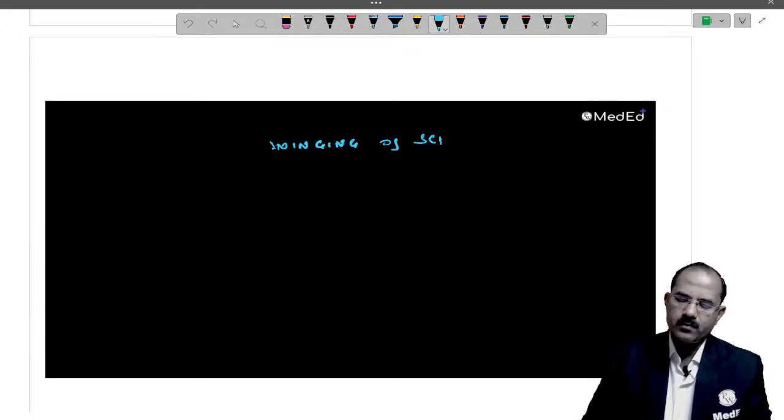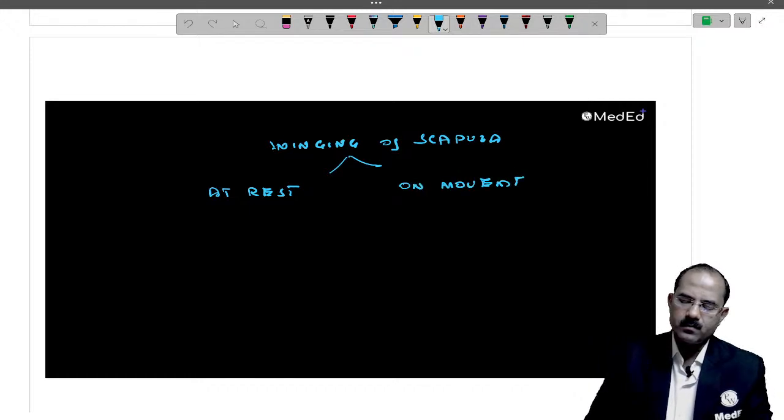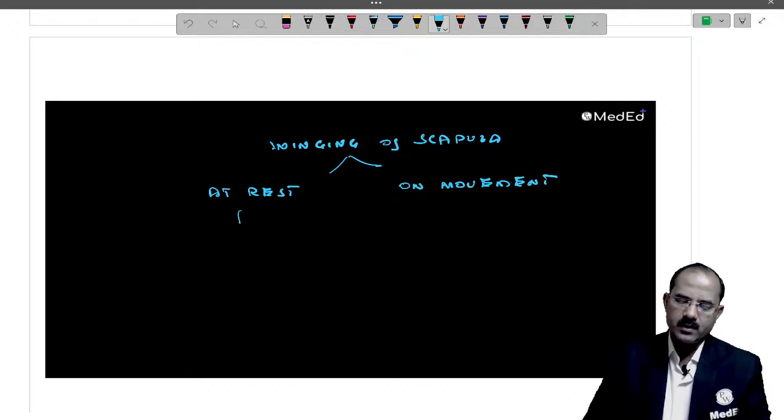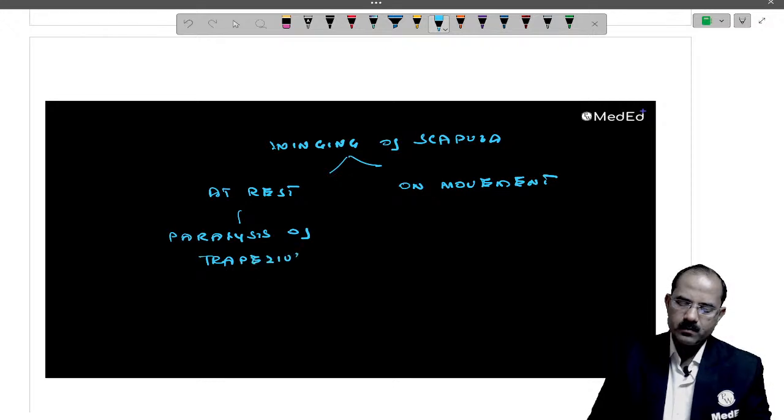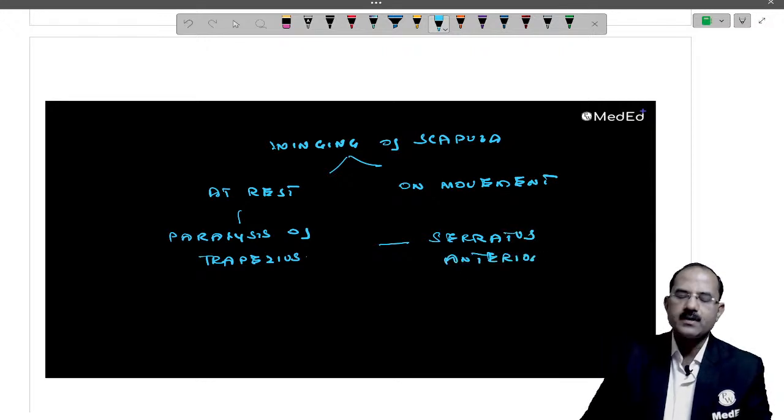Winging of scapula at rest, on movement, paralysis of serratus.